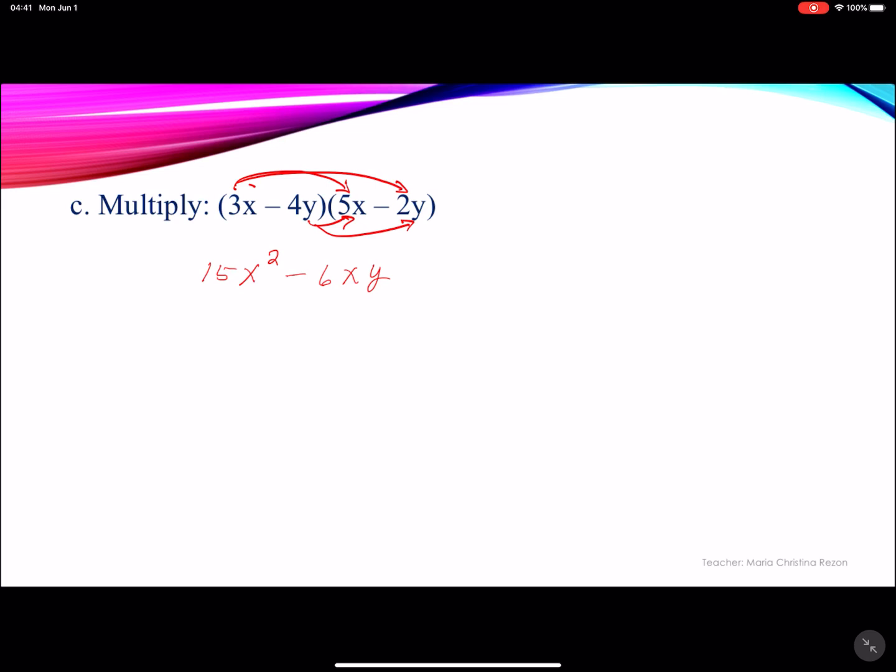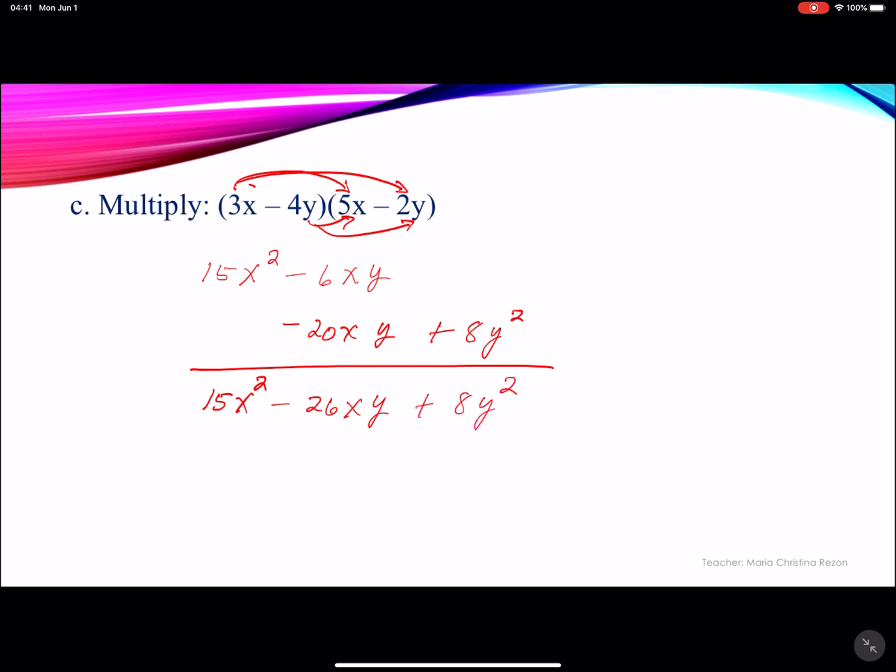So you will have negative 20xy, negative and negative, that is plus 8y squared. You can combine the middle terms because they have the same variables. So your answer would be 15x squared, then 6 and 20, that is minus 26xy plus 8y squared. And this is now your final answer.